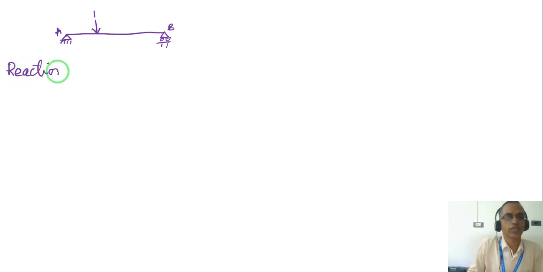So I can draw the influence line for reactions. Here we can have two reactions, which are RA and RB.